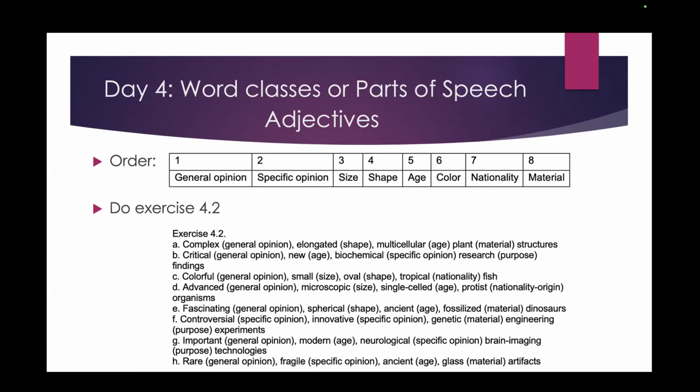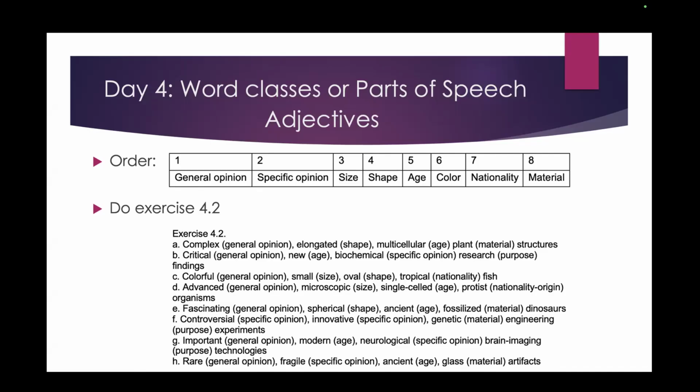I will go through them, and within parentheses you have the description of that adjective, if it is a general opinion, shape, age. So, for example, in the first case, that is referring to structures. This is the noun. We can say complex, elongated, multicellular plant structures.